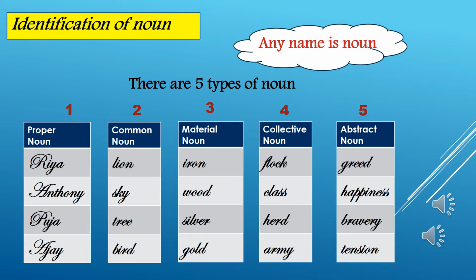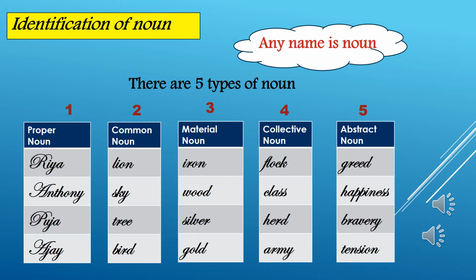And abstract nouns, that abstract noun is actually the feeling which you cannot touch, which you cannot see, which you cannot taste. So it cannot be sensed. It cannot be expressed with our five sense organs, but it can only be felt inside our minds, like greed, happiness.